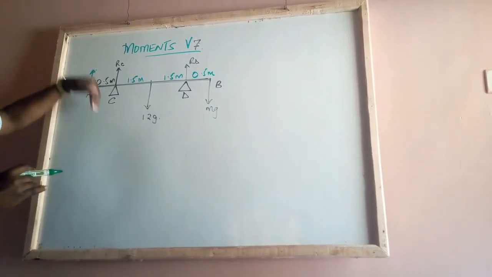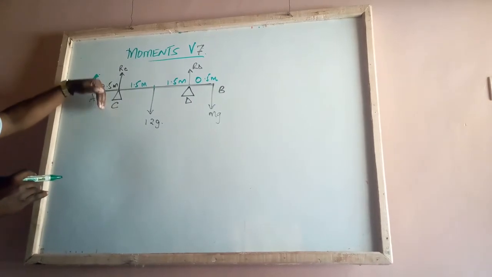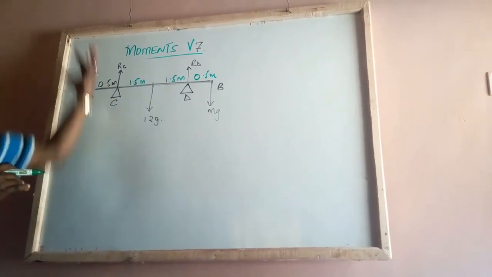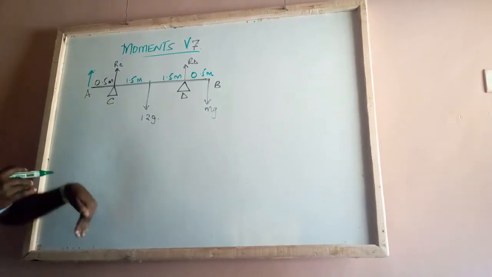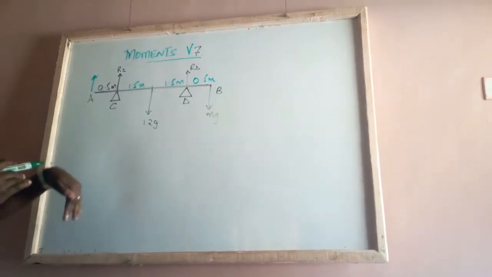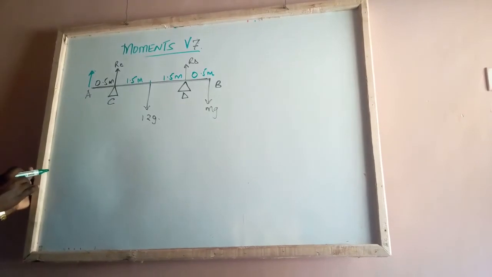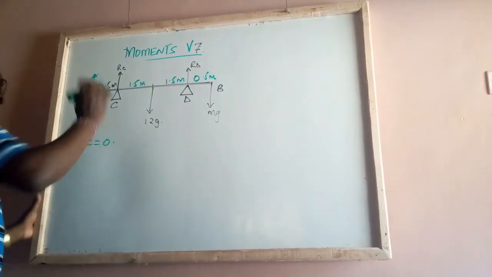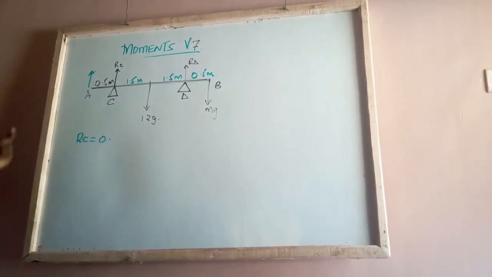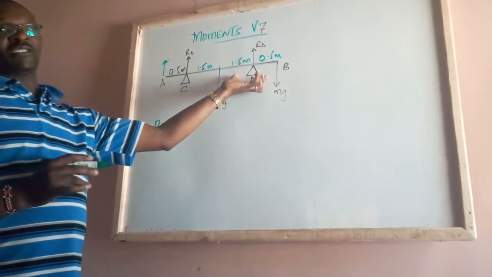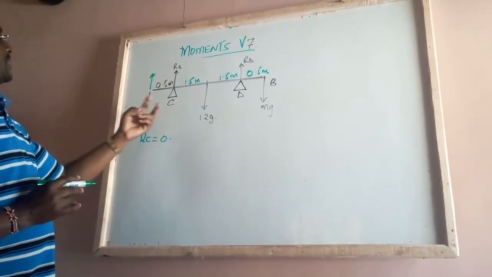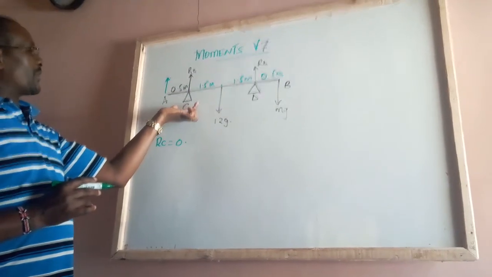If it does not exert any force on the fulcrum C, then RC will always be 0 when the rod is at the verge of turning about D. So there is very little contact between the rod and the point C here.